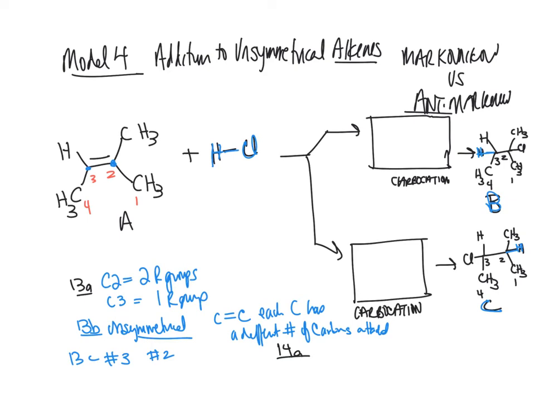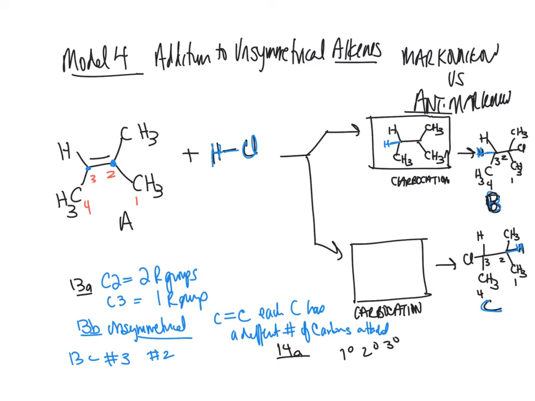Okay, now we're on 14. Given that a stepwise mechanism of addition takes place, draw the carbocation intermediate in the box above that would result in product B, and the intermediate that would result in product C, and then label them as either primary, secondary, or tertiary carbocations. All right, so if we had the first one, we have the H adding here.